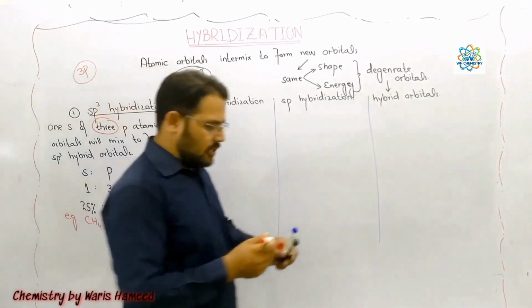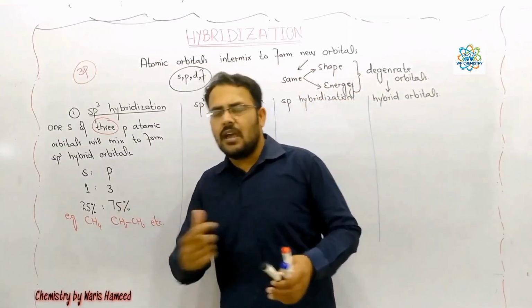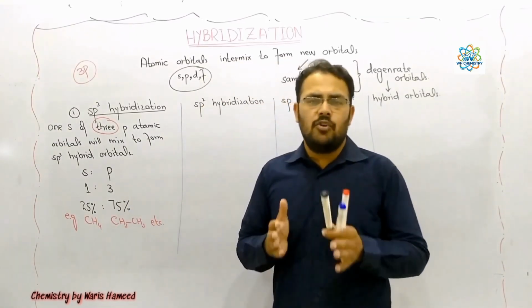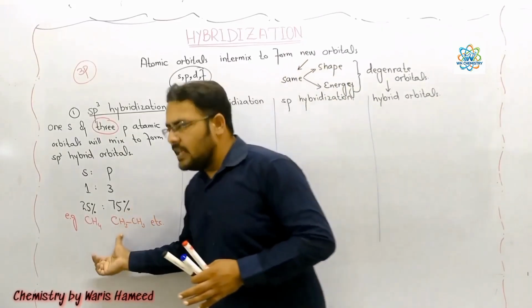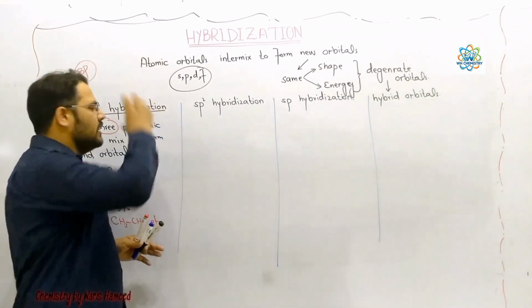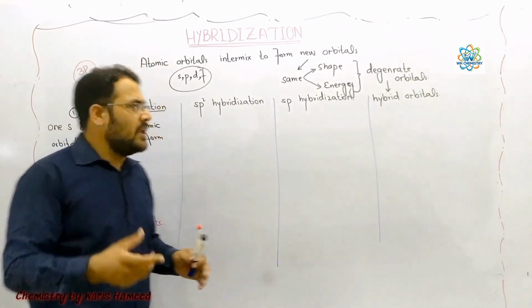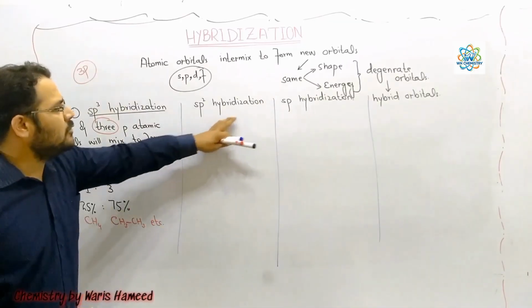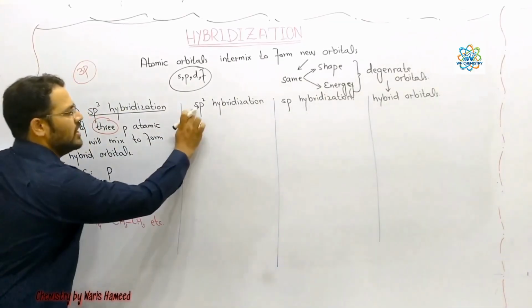As you have noticed, I am giving examples related only to organic compounds because we are dealing with organic compounds. In this category there are many other compounds that also fall in sp3 hybridization, like water, ammonia and so many others.